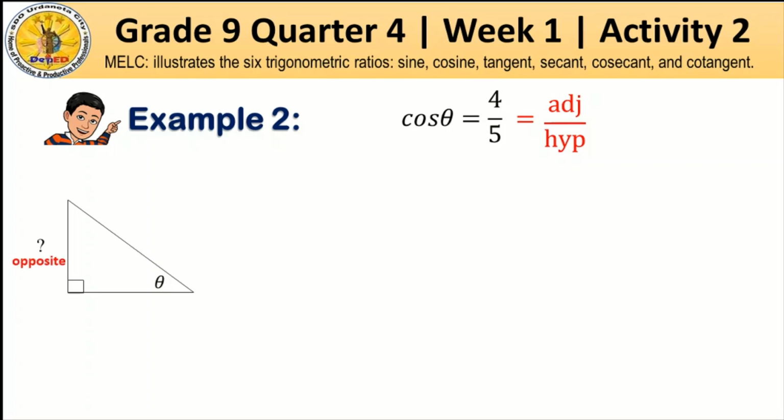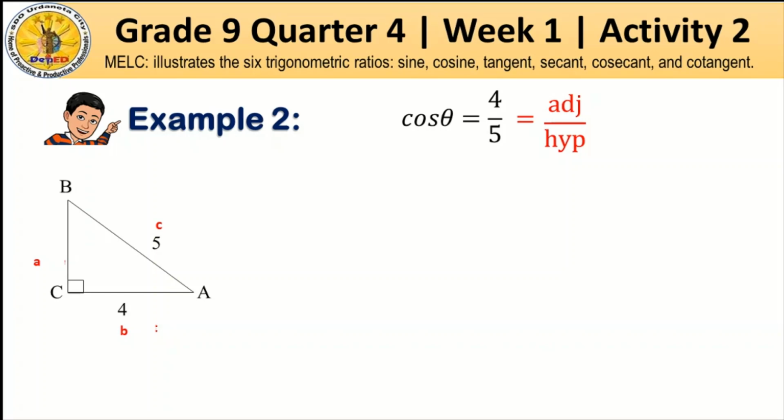The opposite side is unknown, the hypotenuse is 5, and the adjacent side is 4. We name the right triangle as ABC, and its sides be labeled with small a, b, and c. In this case, we are looking for the value of a, or the opposite side.